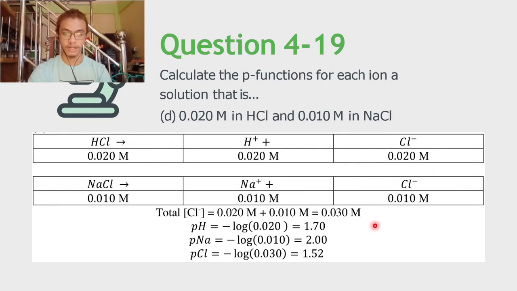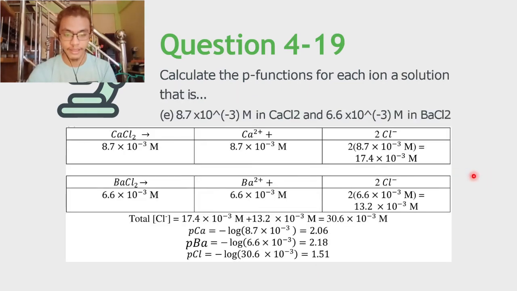Now that we have their concentrations, we can solve for their P functions. For the pH, we have the negative log of 0.020, which is 1.7. For the sodium ions, we have the negative log of 0.010 molar, which is 2. And lastly, for the P function of the chloride ions, we have the negative log of 0.030, which is 1.52.